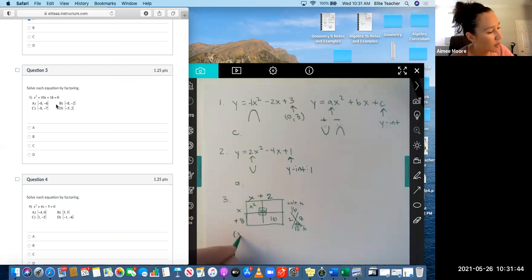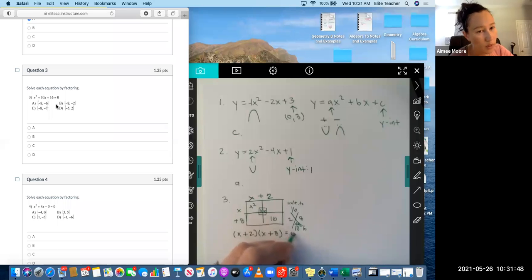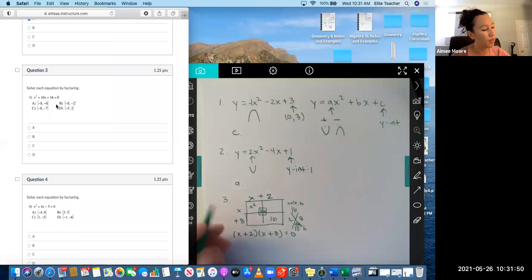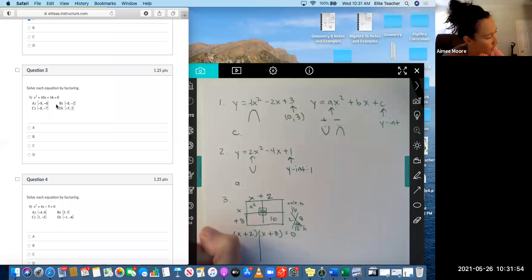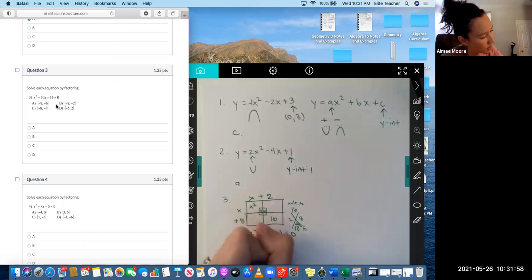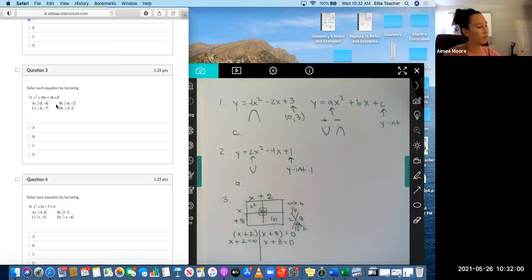So we're going to write our factored form, x plus 2 times x plus 8 equals 0. And now we're trying to find the x-intercepts, so we know that it needs to equal 0. So x plus 2 equals 0 and x plus 8 equals 0. So we solve for x.